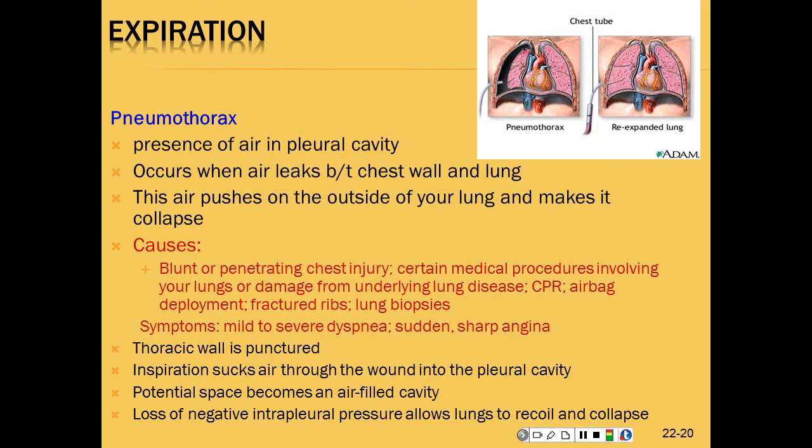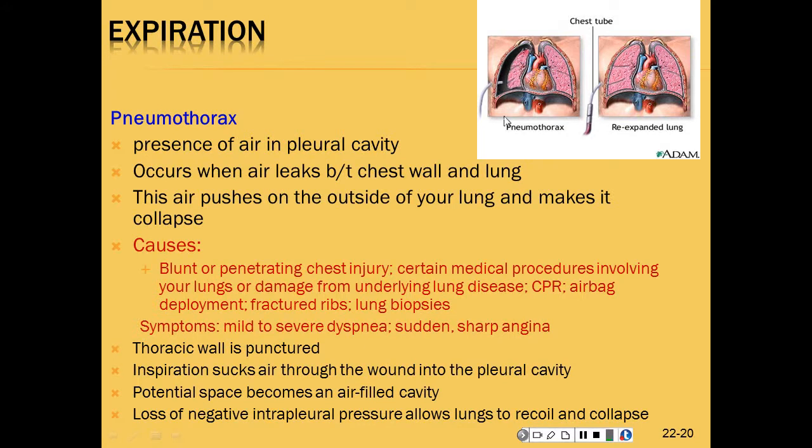Without negative intrapleural pressure, the lungs recoil and collapse. That is considered to be, I cannot get this pronunciation, atelectasis. Okay, so pneumothorax is dealing with the presence of air within this pleural cavity.